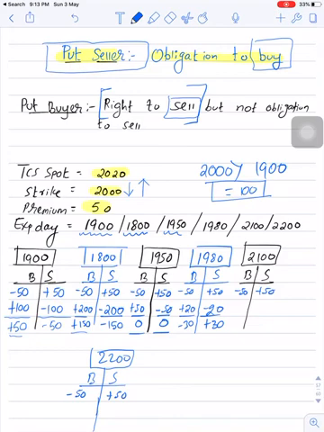Second last scenario, what if the price closed at 2100? Now here you can see the view of the option seller is correct. If the view of the option seller is correct, the option will be either OTM or ATM. In this case the option is OTM because spot is greater than strike, strike is less than spot.